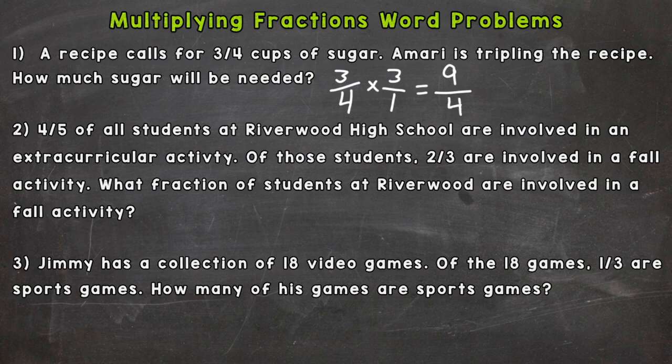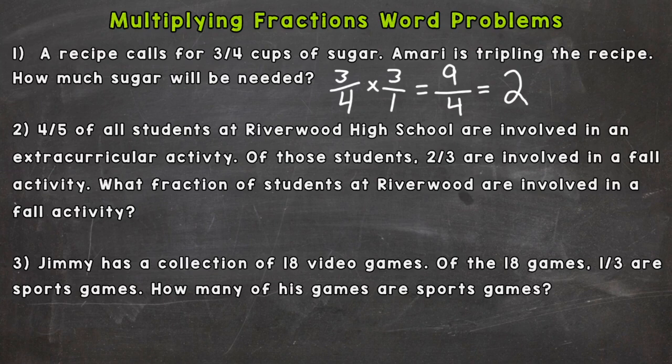Now, that's our answer, but it's improper, so we need to get it into a mixed number, or maybe it works out to a whole number. So we need to do 9 divided by 4. How many whole groups of 4 can I pull out of 9? Well, 2. 2 whole 4s. That gets me to 8.